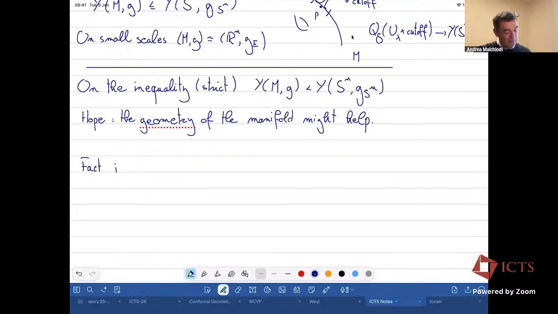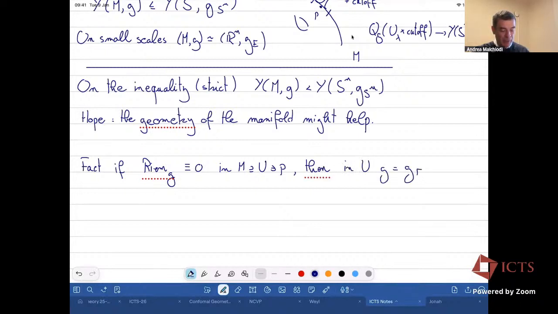I don't have time to introduce the whole Riemann tensor, but there's a theorem by Riemann: if the Riemann tensor of a metric g vanishes identically in a neighborhood U of a point P, where U is a subset of the manifold, then in U the metric g coincides with the Euclidean metric.